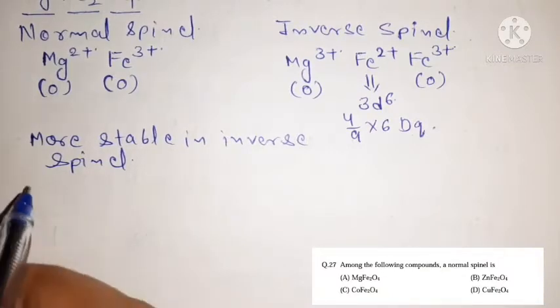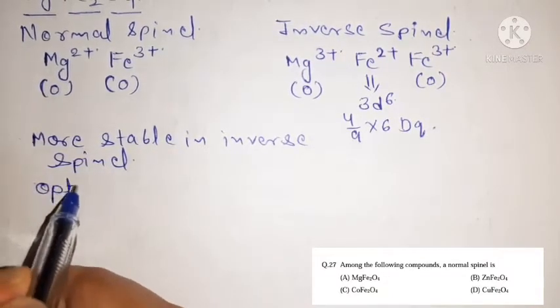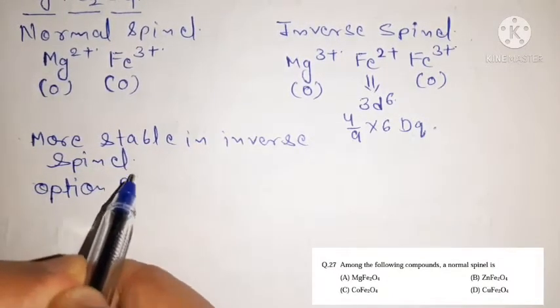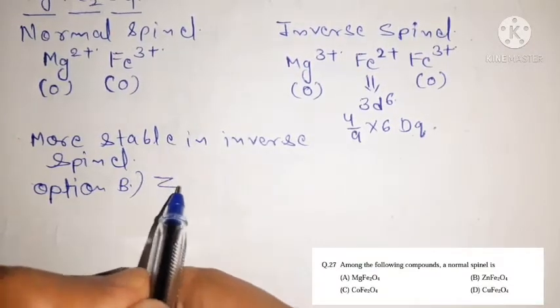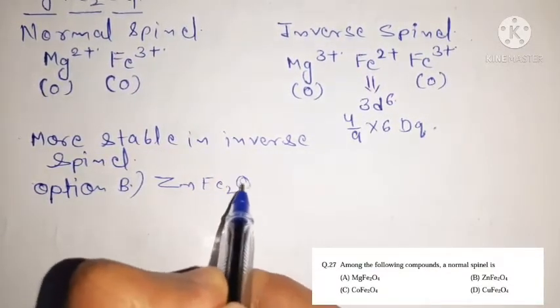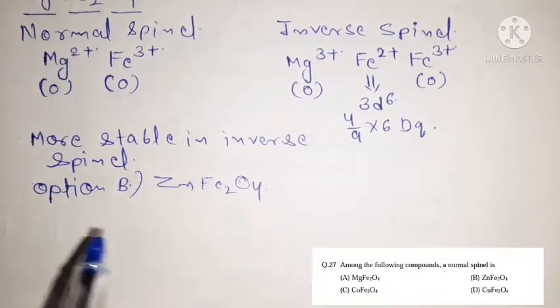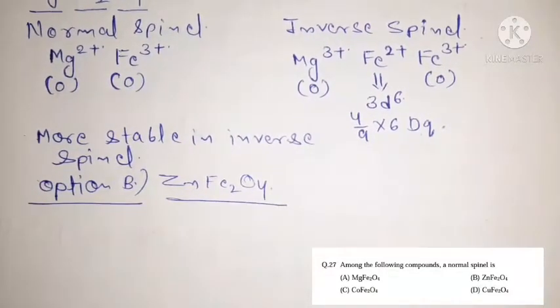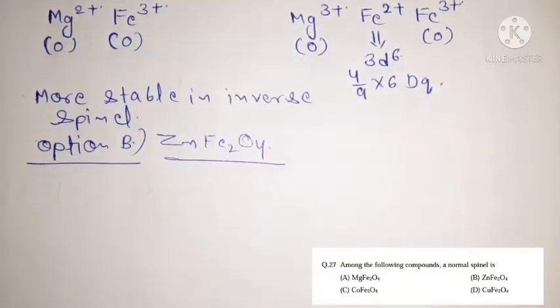Out of these 4 options, only option B is a normal spinel. So option B is the correct answer for this question. ZnFe2O4 is the normal spinel among them. Understood friends? Okay. I hope you understand it.